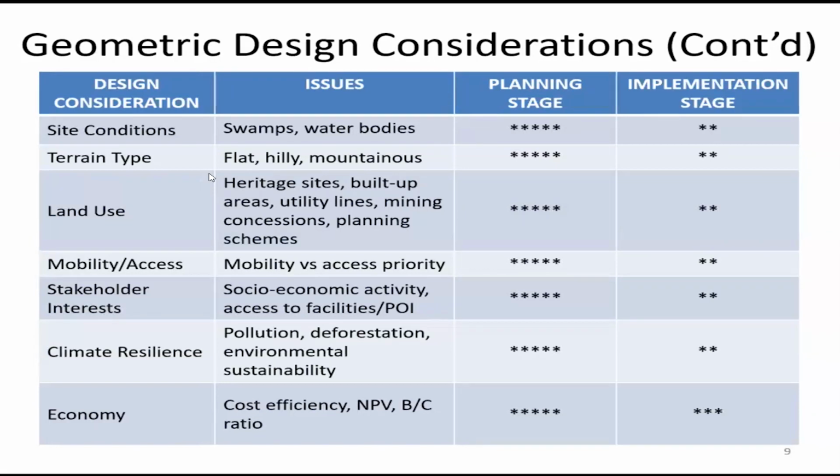However, at the implementation stage, new things always crop up. An area that didn't used to be built up could become built up physically or planned to be built up. Emergent utility lines would have to be managed.